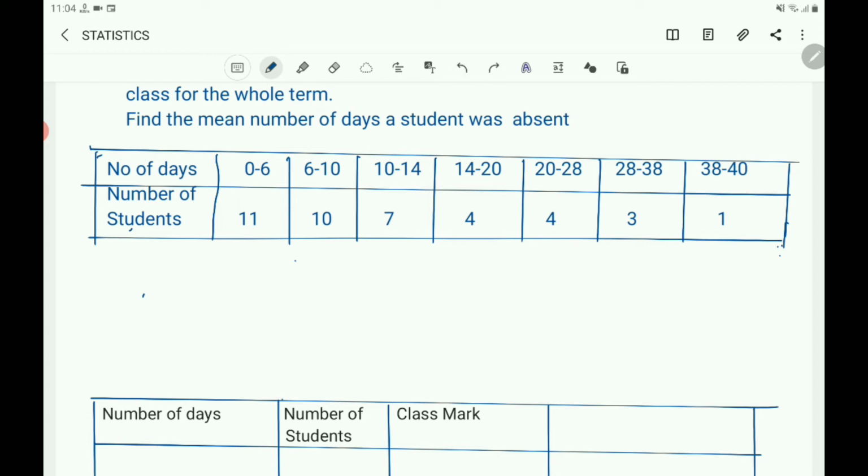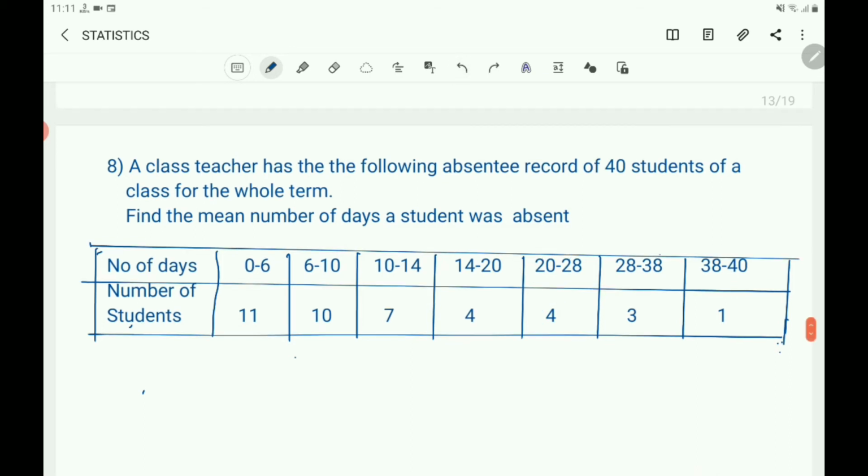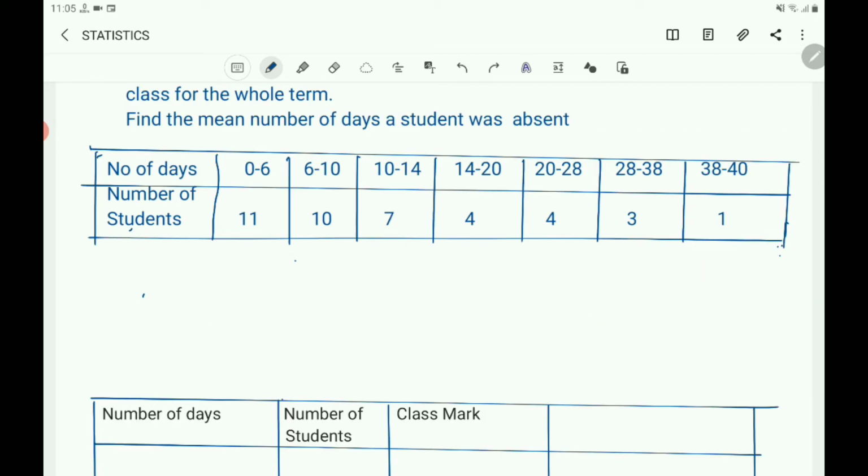Here 0 to 6 has 11 students, 6 to 10 has 10 students, 10 to 14 has 7 students, 14 to 20 has 4 students, 20 to 28 days has 4 students, 28 to 38 days has 3 students, 38 to 40 days has only 1 student.